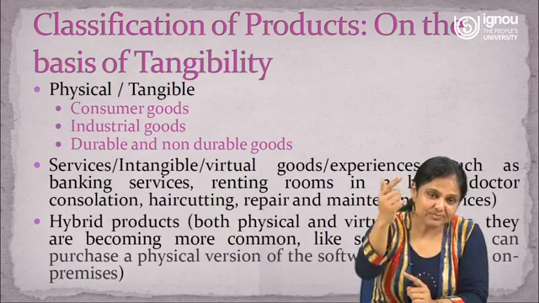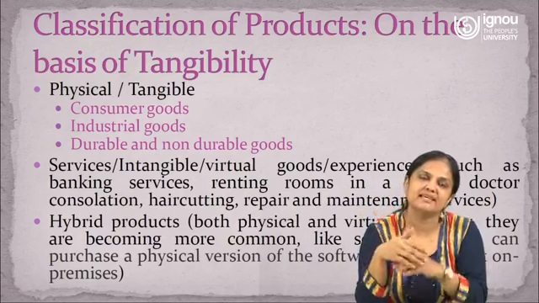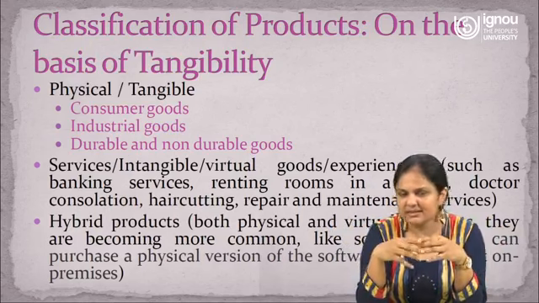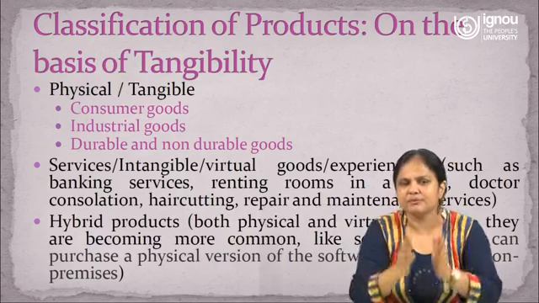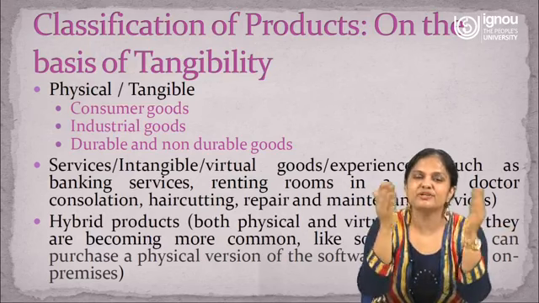Whereas you can judge the utility or value of tangible products even before consuming them, by the appearance, by seeing the technology or the physical shape of the commodity, you can judge whether it is going to fetch some value or not, or up to what extent it is going to give you value.